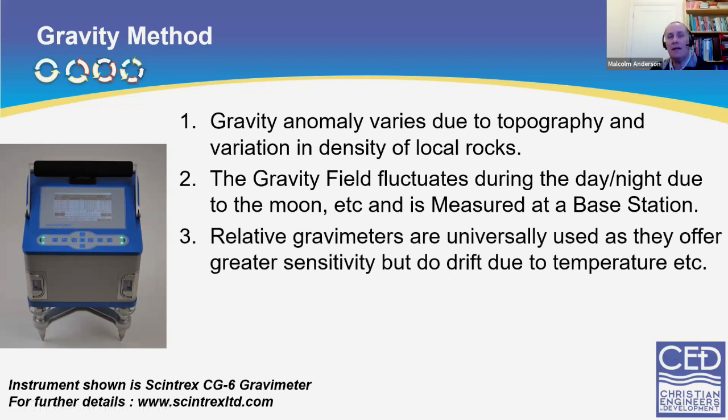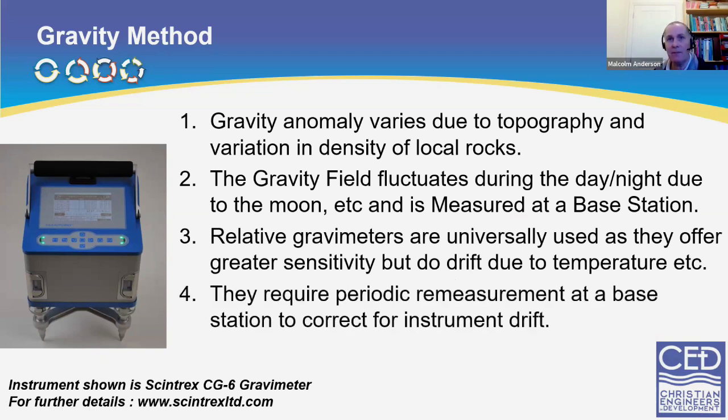Secondly, the absolute meters are not very portable, so it's only measuring the relative gravity. So again, it's necessary to have a base station, and your survey is measured relative to the base station. You're not measuring absolute gravity, you're measuring the difference relative to that point.